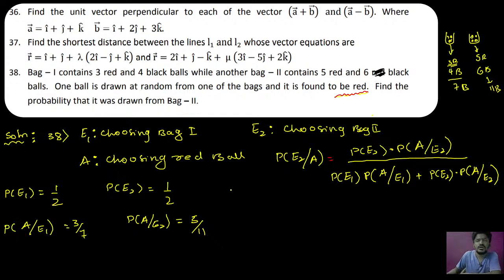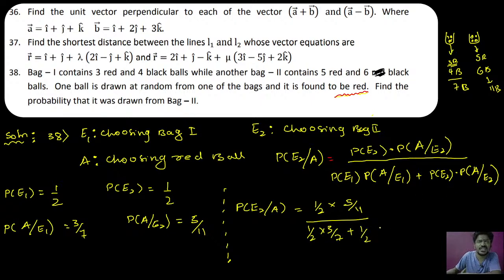So now this will be equal to probability of E2, which is 1 by 2, multiplied with probability of A given E2, which is 5 by 11, divided by probability of E1, which is 1 by 2, times probability of A given E1, that is 3 by 7, plus 1 by 2 into probability of A given E2, that is 5 by 11.